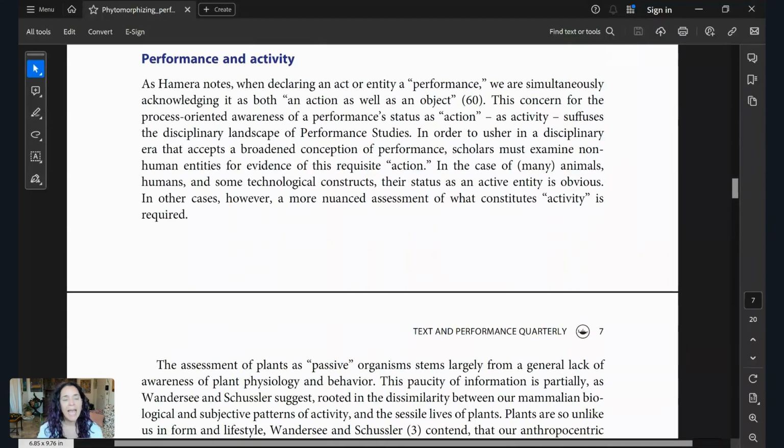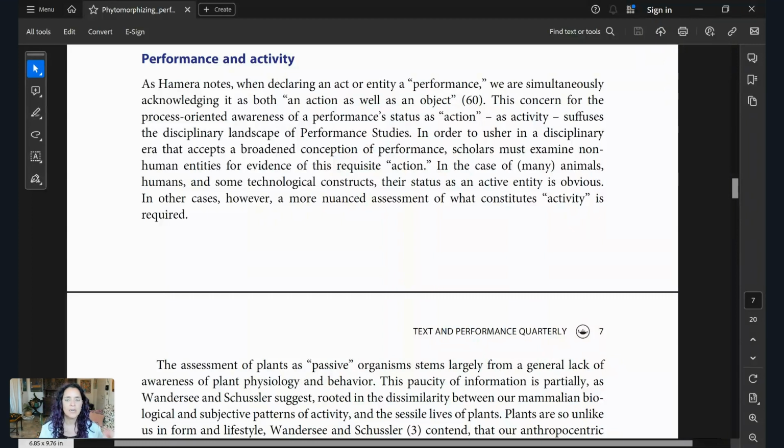Performance and activity. As Homera notes, when declaring an act or entity a performance, we are simultaneously acknowledging it as both an action as well as an object. This concern for the process-oriented awareness of a performance status as action, as activity, suffuses the disciplinary landscape of performance studies.